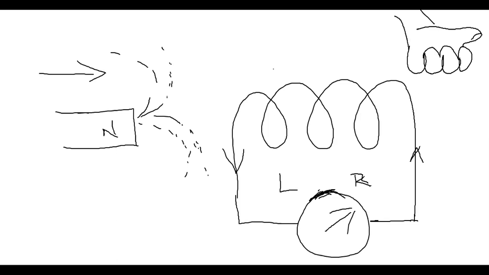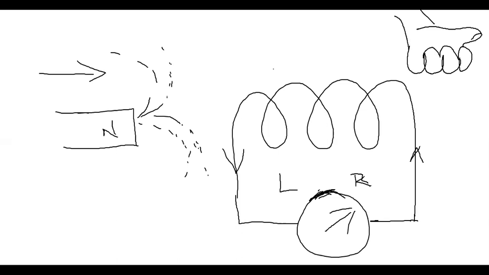Now let me go on to the next question. Everybody okay with that so far? The next question says, explain why an induced current is produced. This is because the conductor was placed in a changing magnetic field.